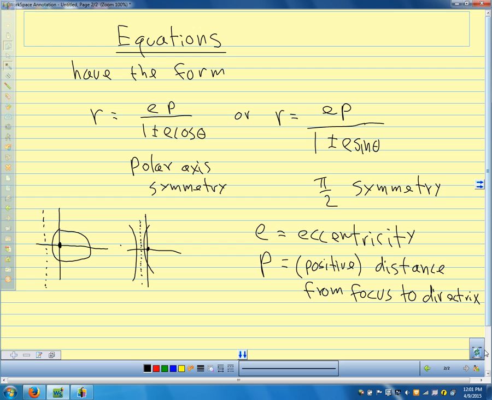So that's the only thing we have to worry about in these equations. We have to worry about the form. That's going to give us our orientation, and the eccentricity, and the distance from the focus to the directrix.